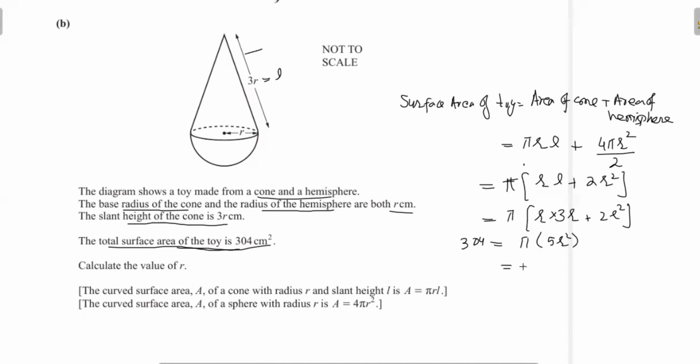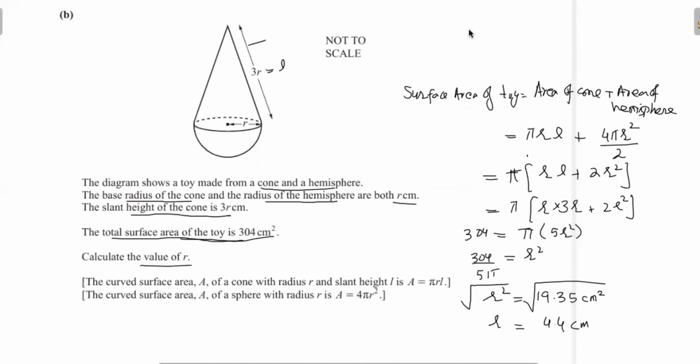Therefore, r square will be equal to 304 divided by 5 pi, and this r square will be equal to 19.35 centimeter square. We take the square root on both sides, we get 4.4 centimeter, and this is the radius of the hemisphere and cone. Next question.